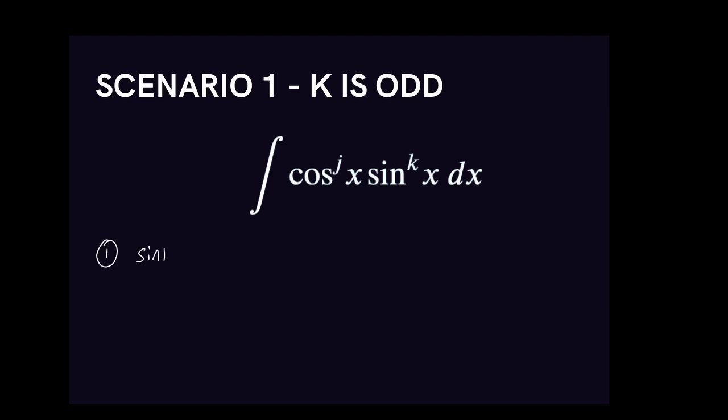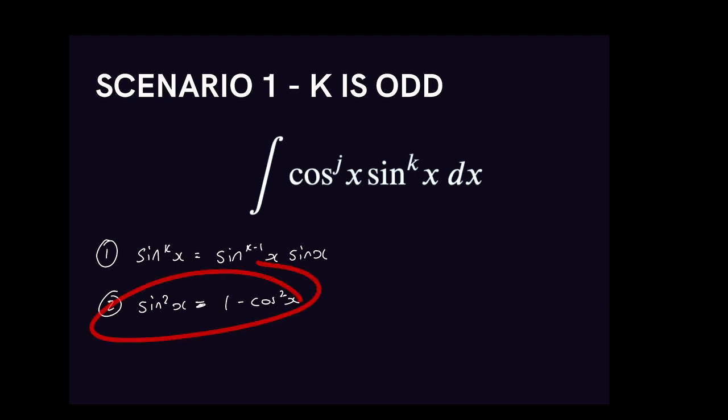We rewrite sin kx as sin (k minus 1)x times sin x. The second part is to recognize that sin squared x is equal to 1 minus cos squared x, and we use this to implement it.